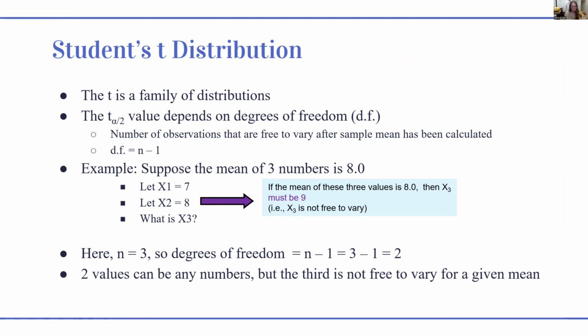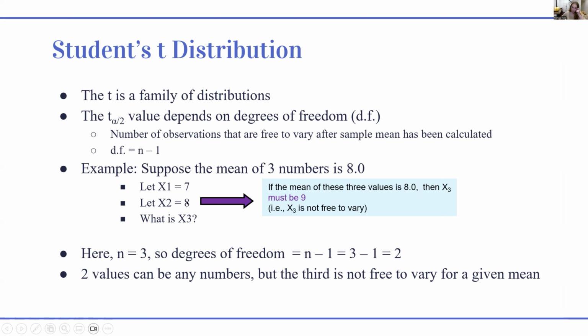So imagine that. I'm going to walk you through this. Hopefully, you can understand why degrees of freedom. So imagine you know that the mean of three numbers is 8. You have your first observation, the value is 7.